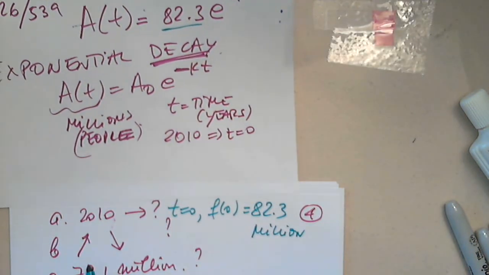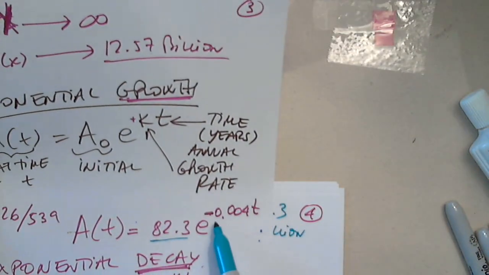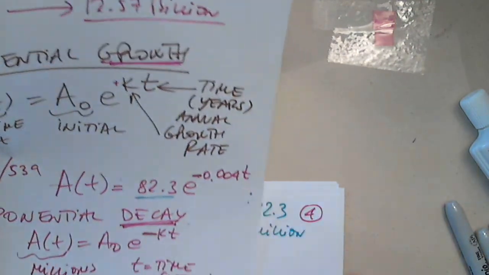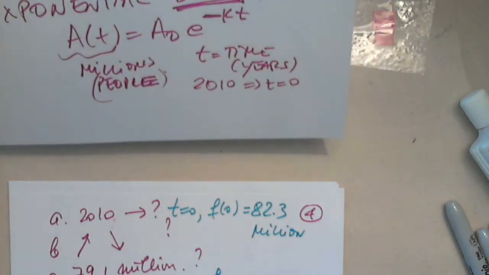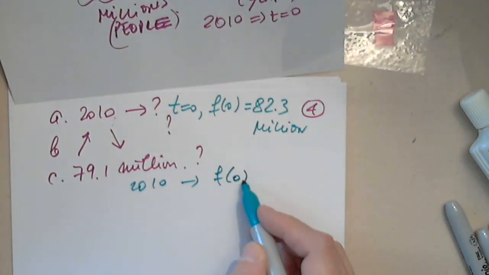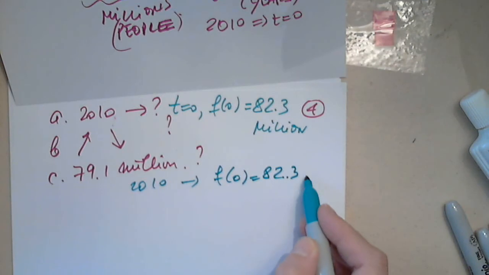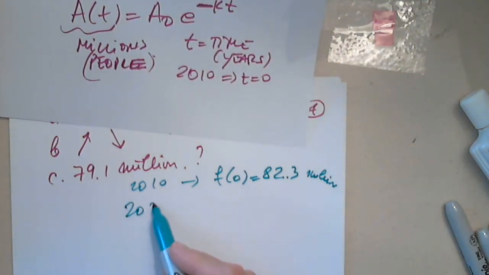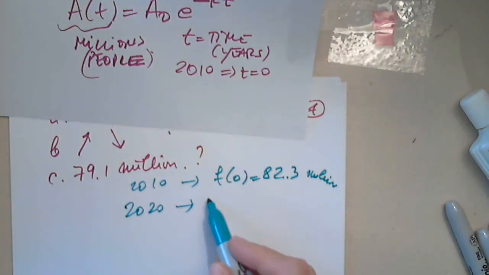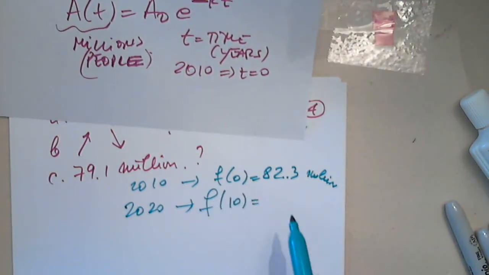Now, whether the population is increasing or decreasing, we already know that, but here's what I recommend. We looked at 2010, and at that point the population is 82.3 million. If we're not sure, let's see what happens in 2020, which is this year. Let's say 10 years later.